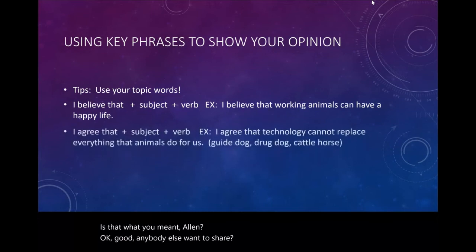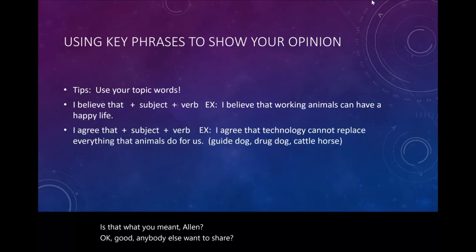Me, teacher, let me try. I believe that using animals for work is not good for, or what the word is, unsure.